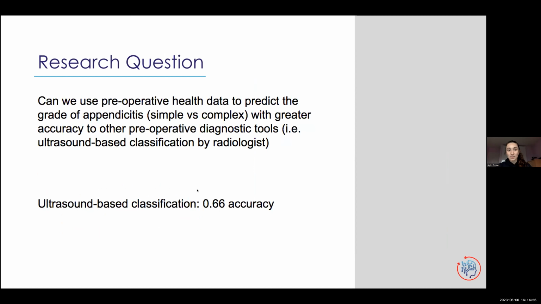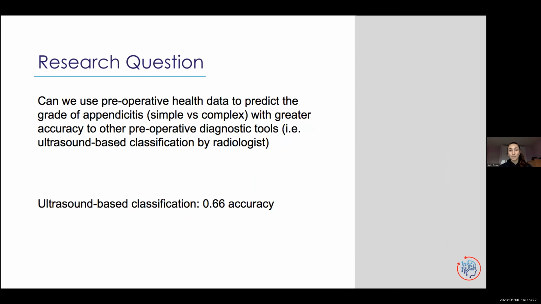So the project's research question now is, can we use pre-operative health data to predict the grade of appendicitis? And by grade of appendicitis, I mean simple or complex appendicitis. So can we predict that grade with greater accuracy than other preoperative diagnostic tools? The baseline that we use is the ultrasound diagnosis, which for our data set has only a 66% accuracy.